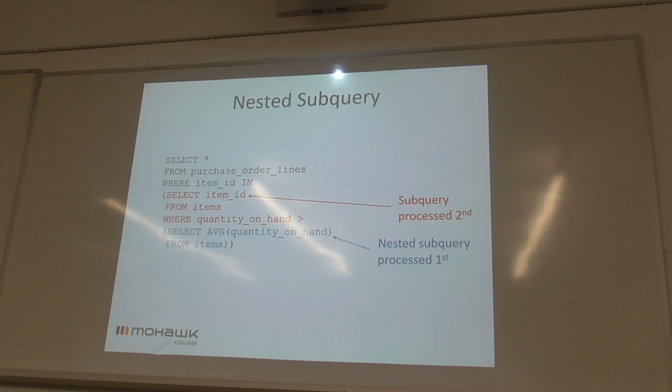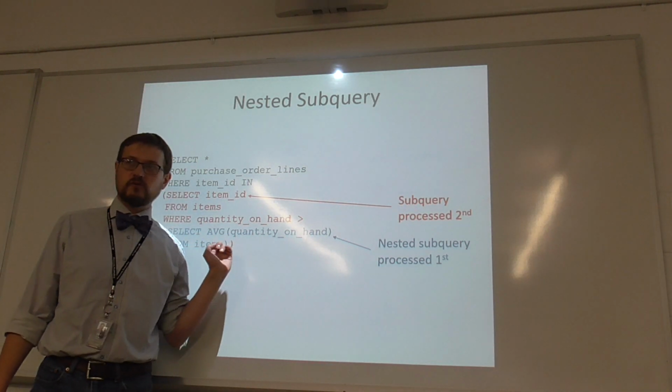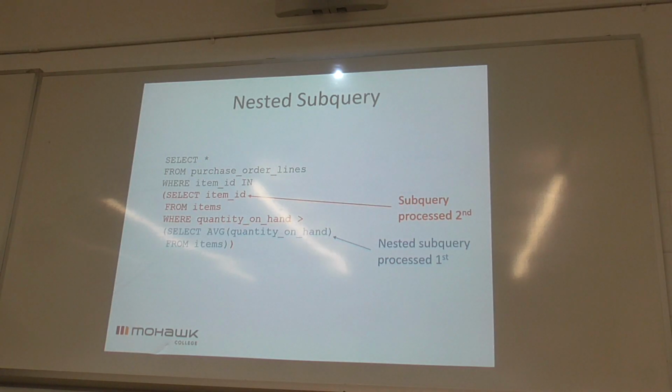where the item ID from items, where the quantity on hand is greater than the average quantity on hand from items. We then select the purchase order based on those item IDs. So this gives you the purchase orders for all items where the quantity on hand is greater than the average quantity on hand for all items, if you were to express that as an English sentence.